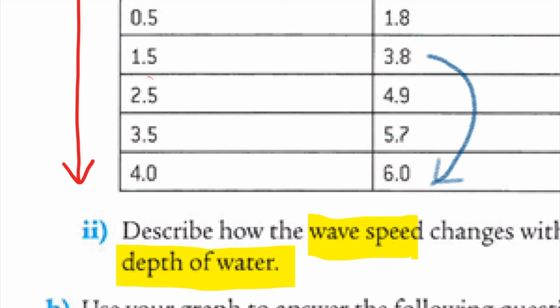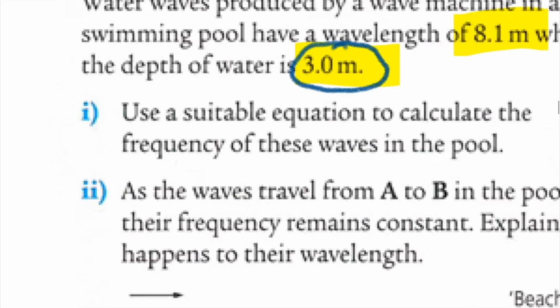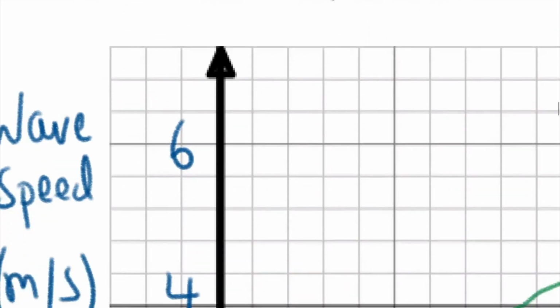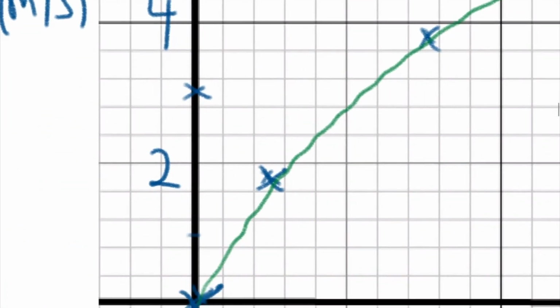It tells us what it is at 2.5. That's 4.9 meters per second. It tells us 3.5, 5.7 meters per second. So we know the speed is going to be in between 4.9 and 5.7. That is why we use curves or lines of best fit.